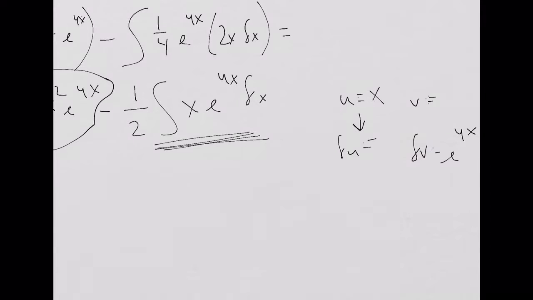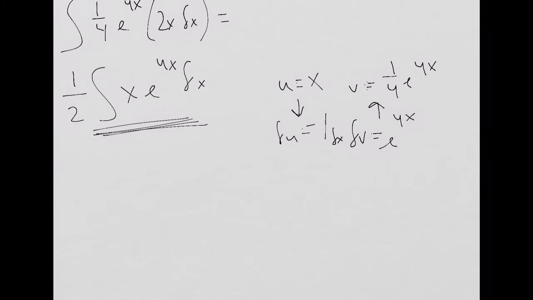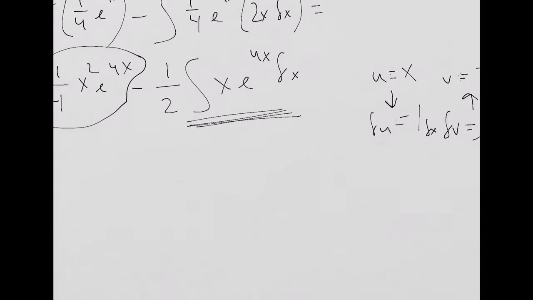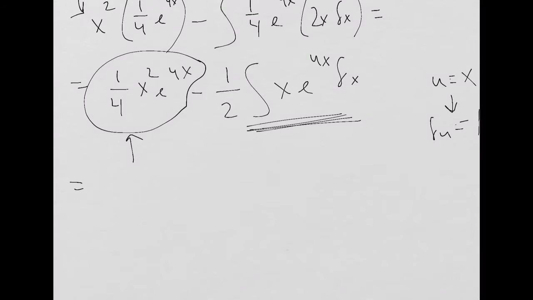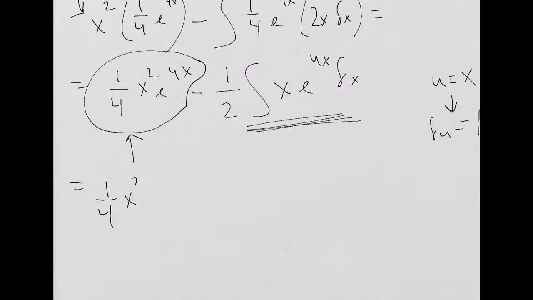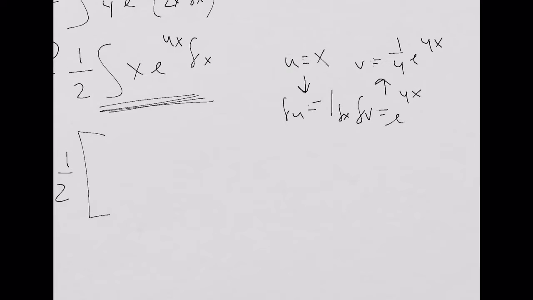So the derivative of u is 1. Has a little dx there. And then my v, from dv being e to the 4x, we just did that one, it'd be 1/4 e to the 4x. So now if I rewrite it again, remember I have this part here. So I still have this 1/4 x squared e to the 4x minus 1/2 times my new uv minus the integral of v du.